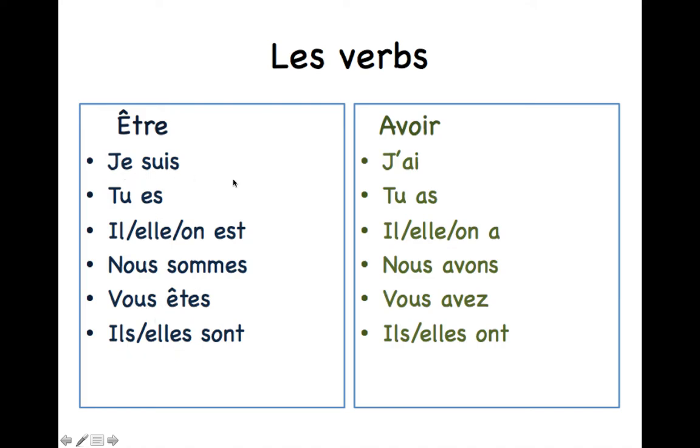The je becomes J apostrophe when it's followed by a vowel. Also, the pronunciation of some of the words changes, again, if it is followed by a vowel.